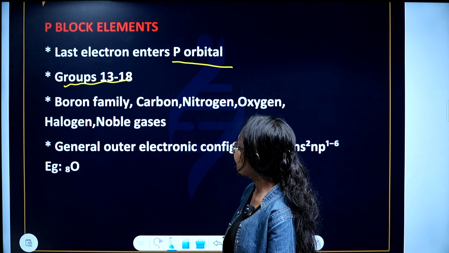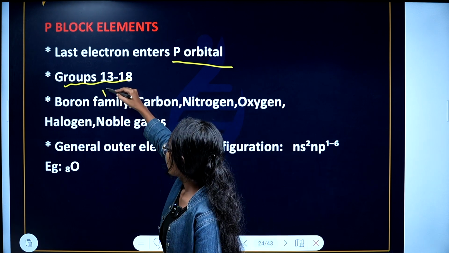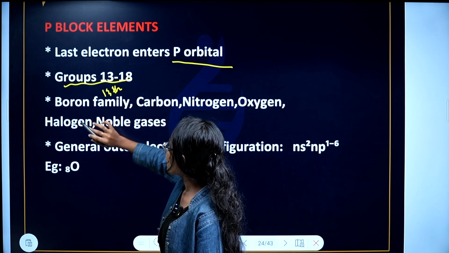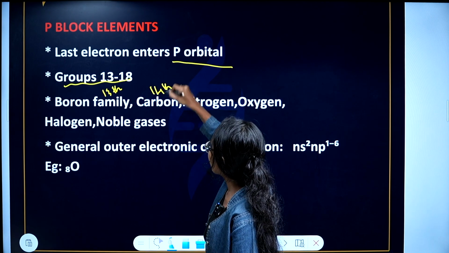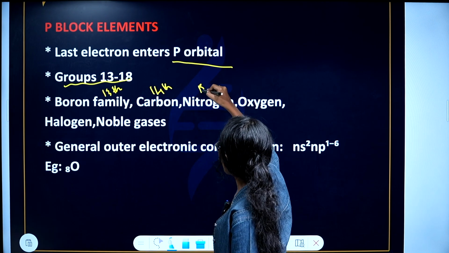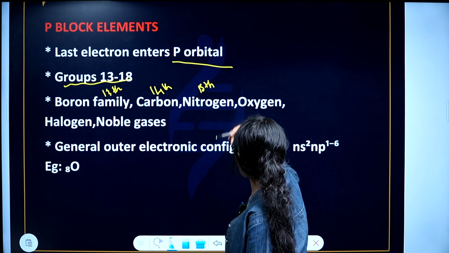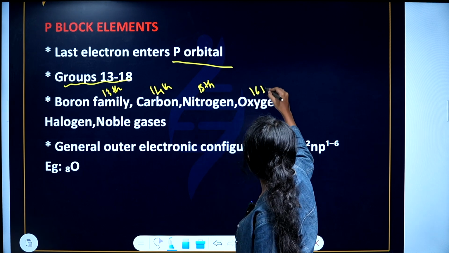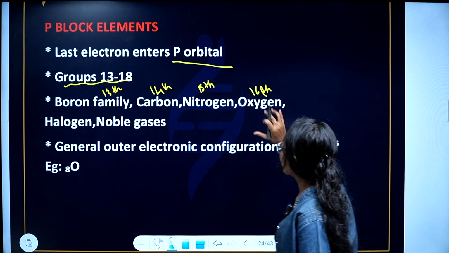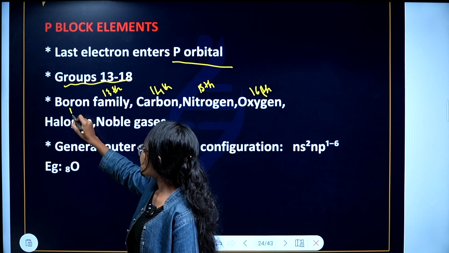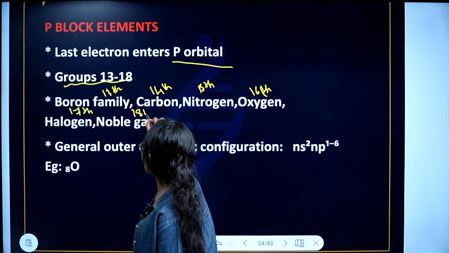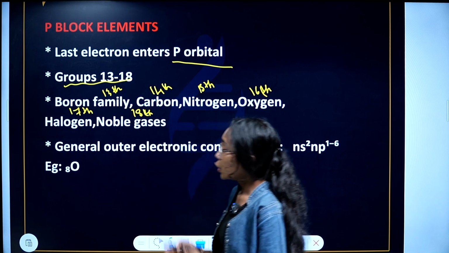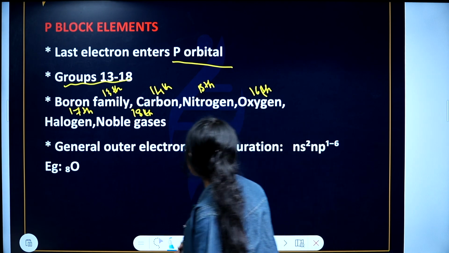The 13th group is called the boron family, the 14th the carbon family, the 15th the nitrogen family, the 16th the oxygen family, and the 17th the halogen family. The 18th group, the last and final group, is called noble gases or inert gases.